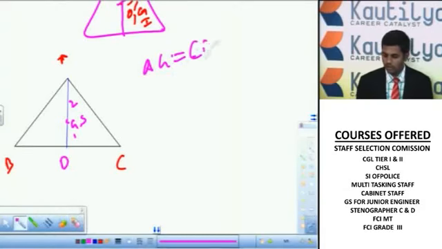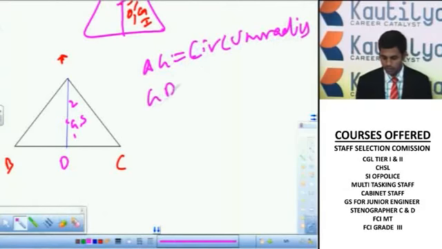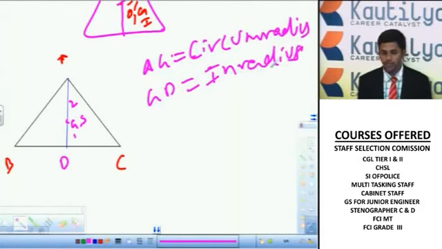AG will be the circumradius and GD will be the inradius in a given equilateral triangle. So G divides the median AD in the ratio 2:1, AG is the circumradius and GD is the inradius.